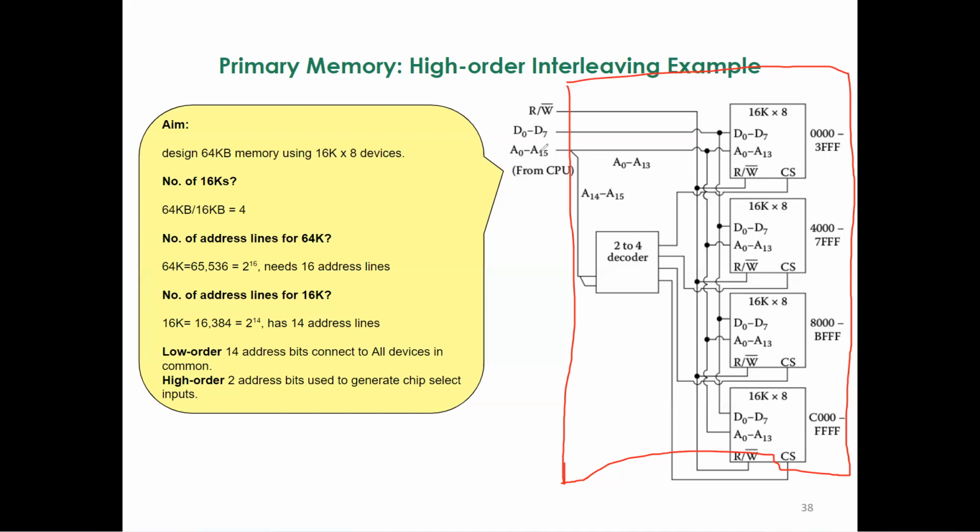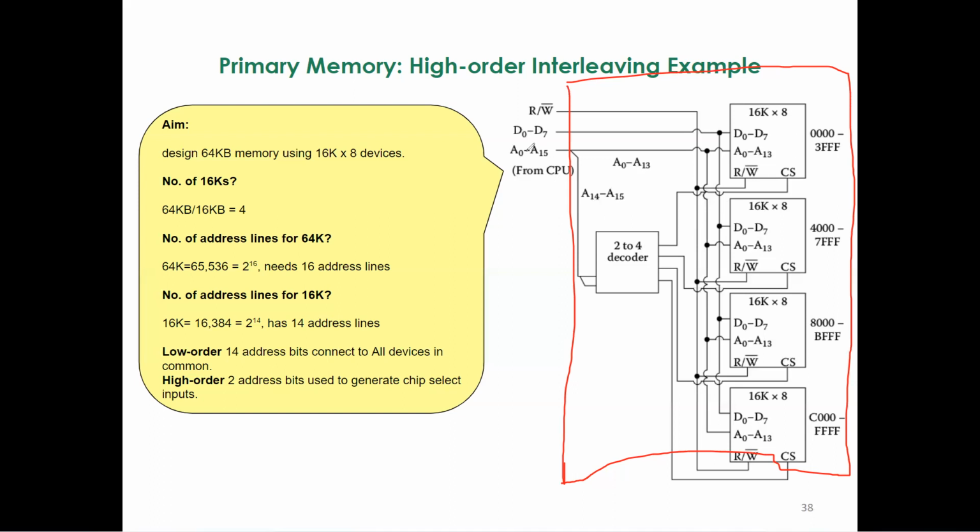If it is an address that has the higher order bits being 00, then the decoder will select the first bank.